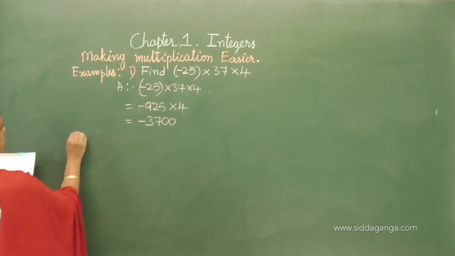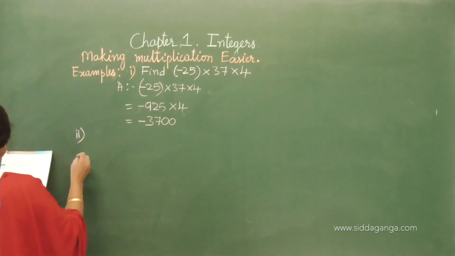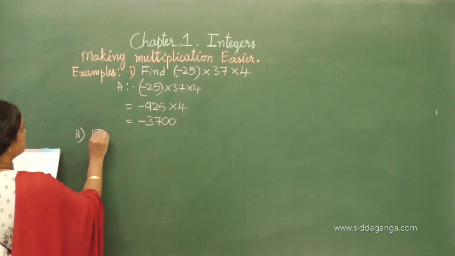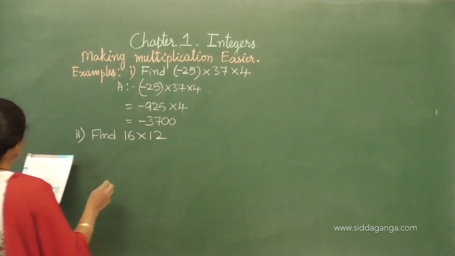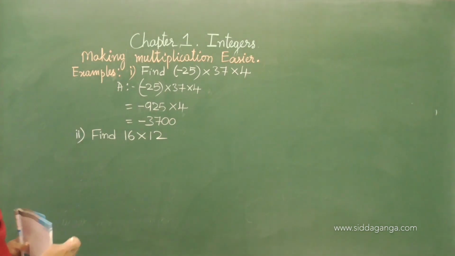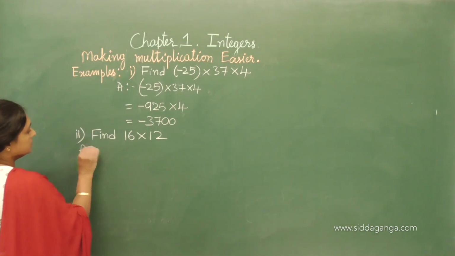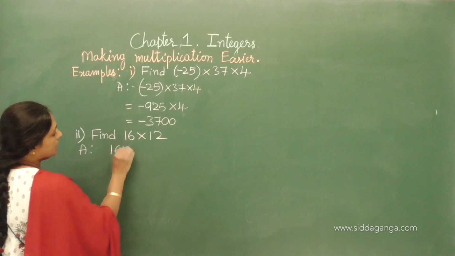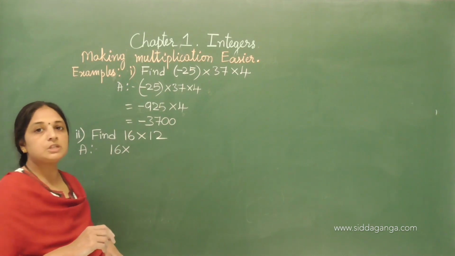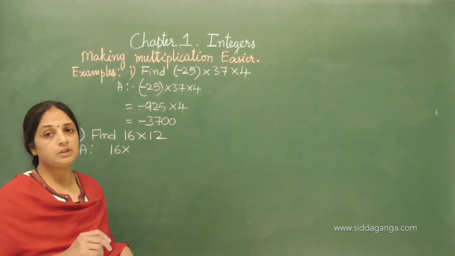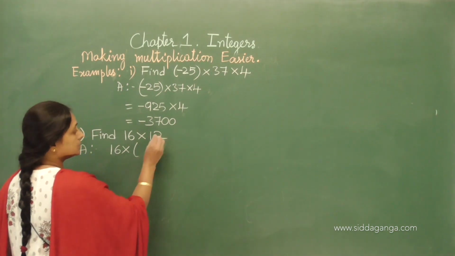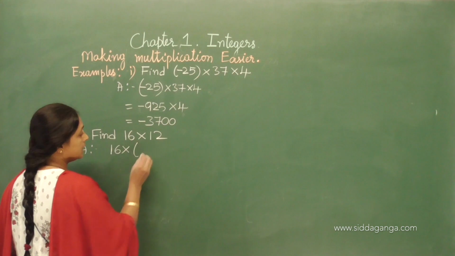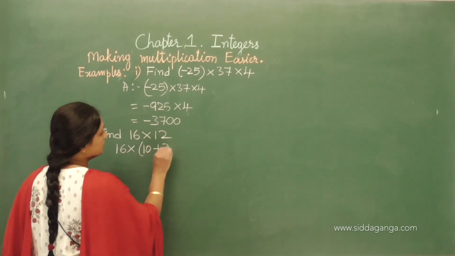The second one is: find 16 into 12. How can we write the answer? We use the distributive property here, when 12 can be written as 10 plus 2.